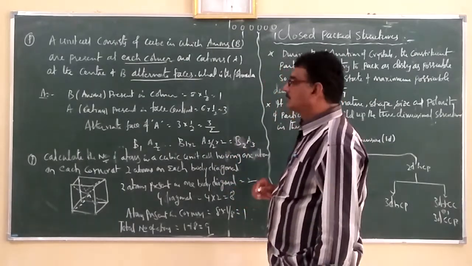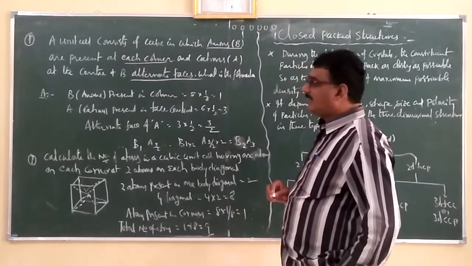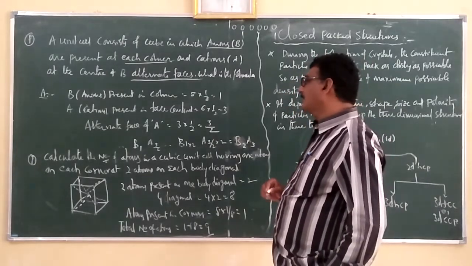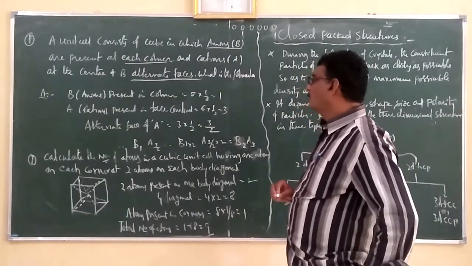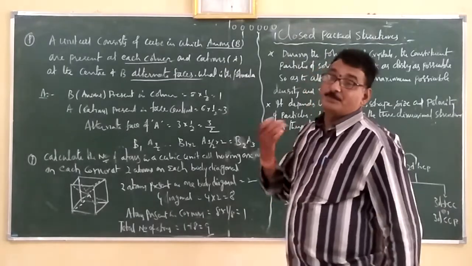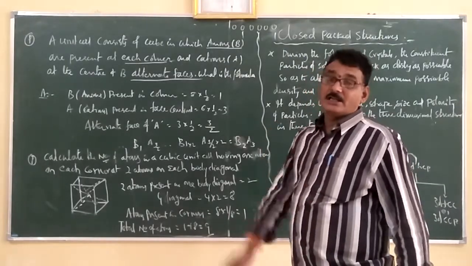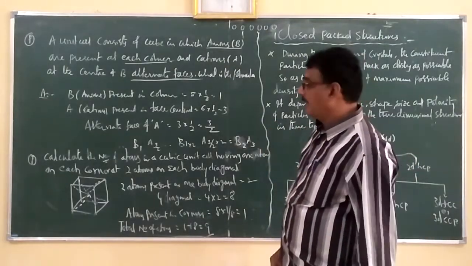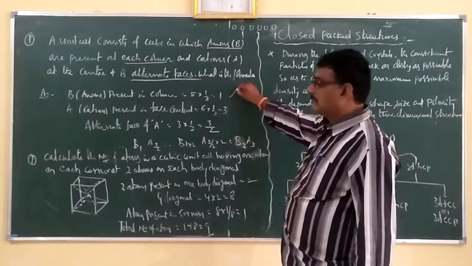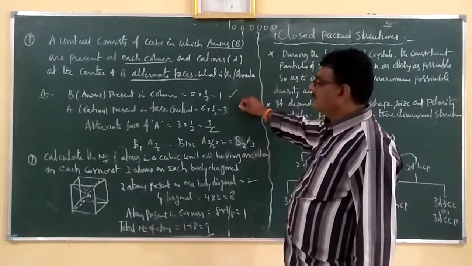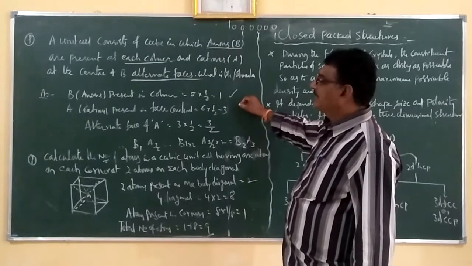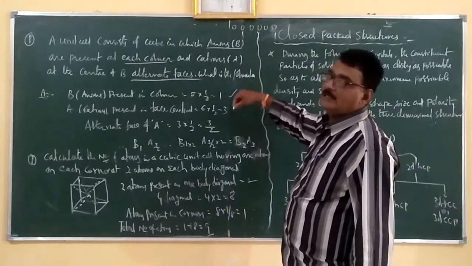That's why cations at the center of B's alternate faces. So what is the formula? Compare with B: B means corners, A means face center. In that, face centers are on alternate faces.